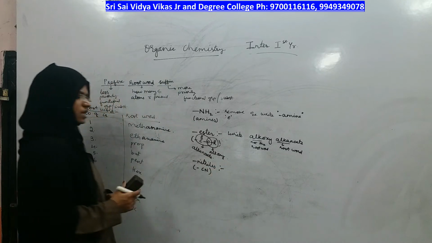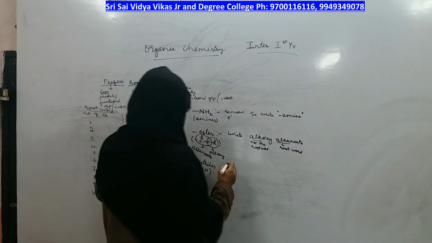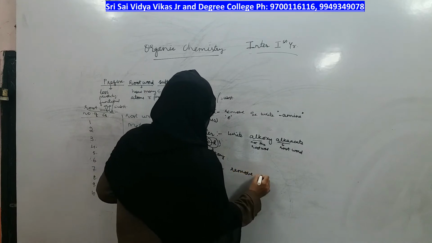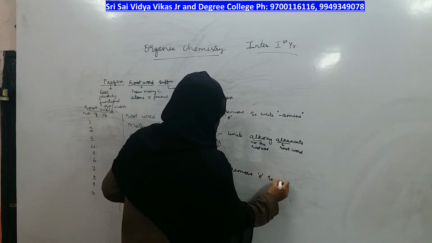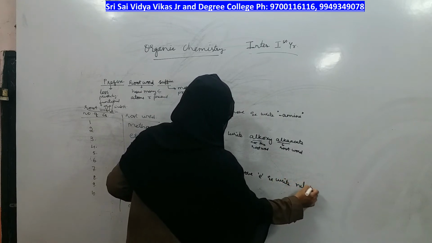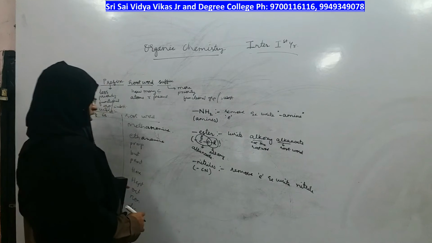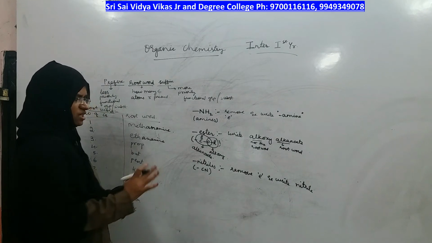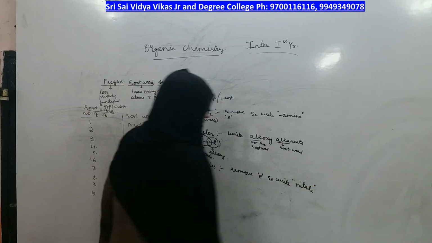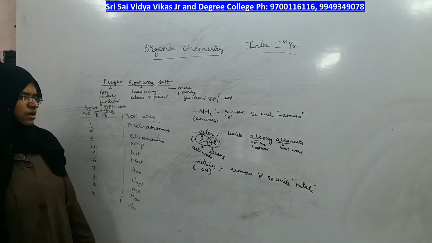If nitrile is present, simply remove E and write nitrile: methane nitrile, ethane nitrile, propane nitrile. That suffix should come after the root word. Okay, so this is for nitrile.